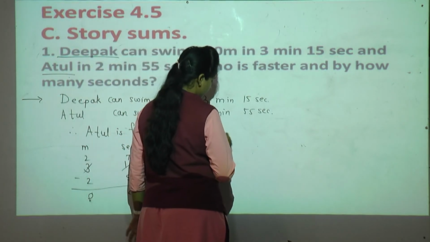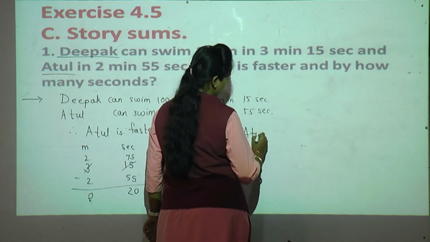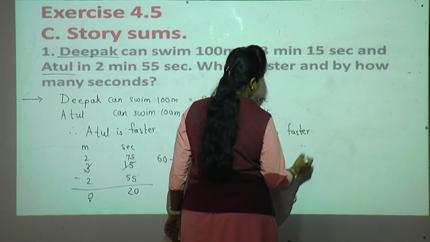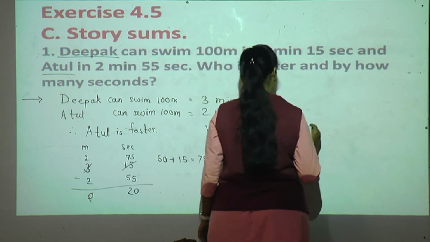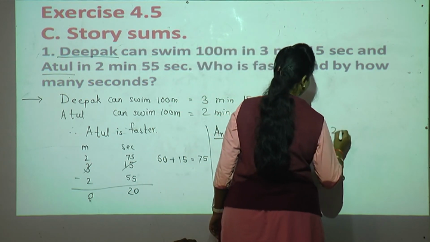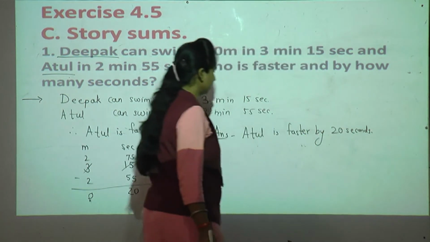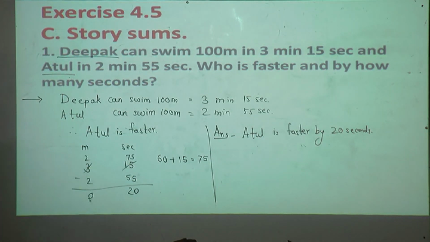So write here the answer: Atul is faster by 20 seconds. See here I don't have space, so I have written here. You don't write in this way, you write downside only. Clear? Yes, very good. Now we will go to the next example.